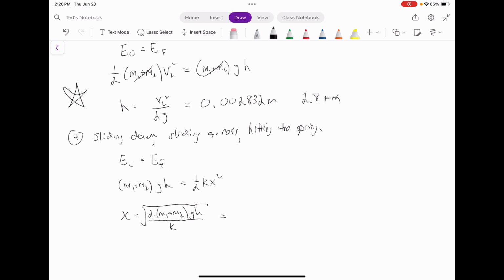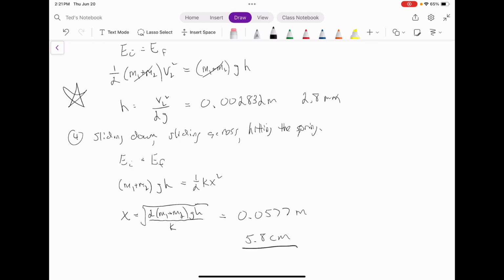And there we get our actual answer, 0.0577 meters, which is about 5.8 centimeters, which is less than the 10 centimeters that the spring was initially compressed, because some of that spring's energy got converted into thermal energy during the collision. So when we compress the spring again, it's got to compress less than where we started.